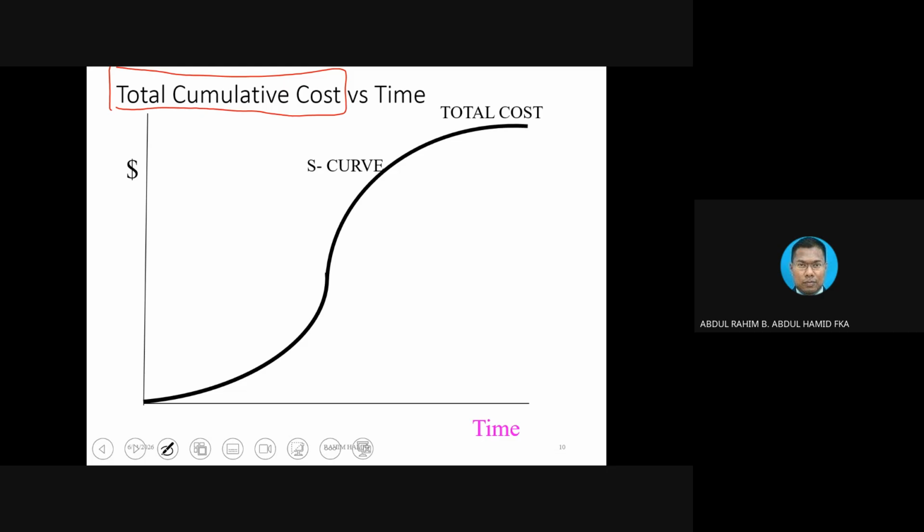The S curve is associated with what we call an indicator. An indicator that can reflect what? That can reflect the progression of cost, or it can reflect the progression of time.